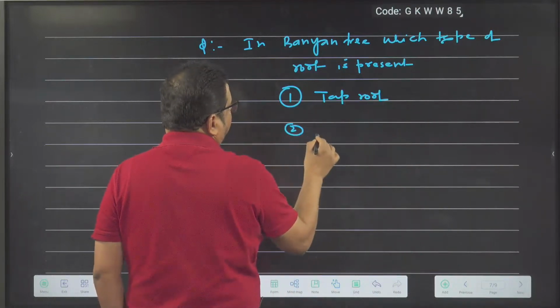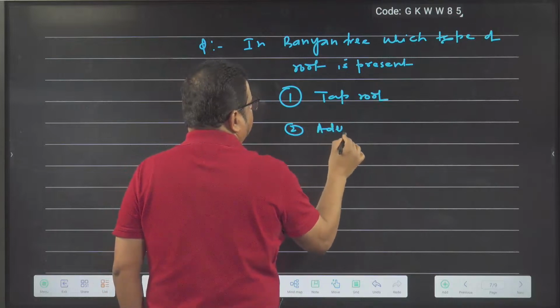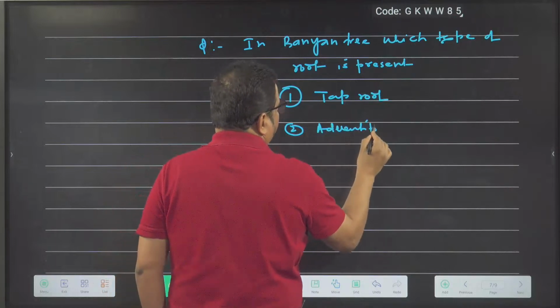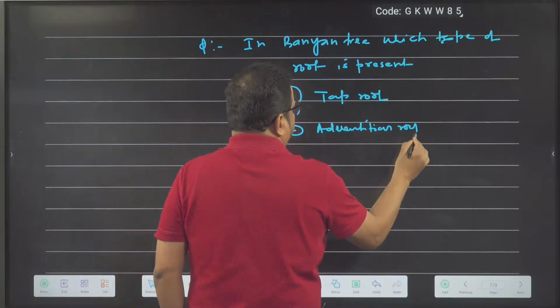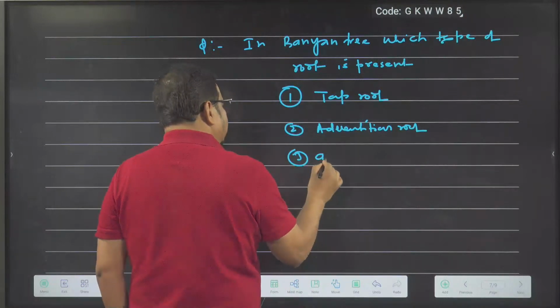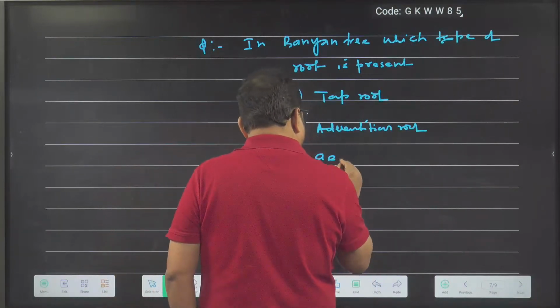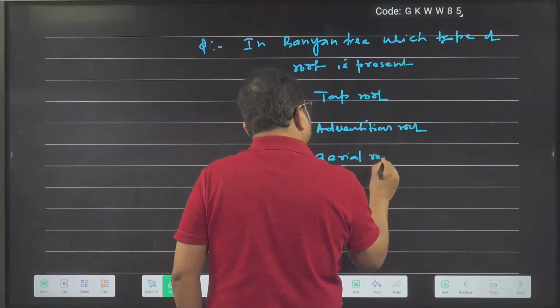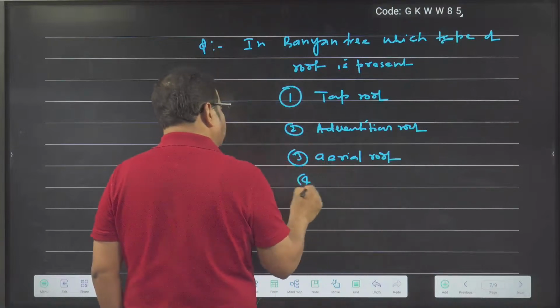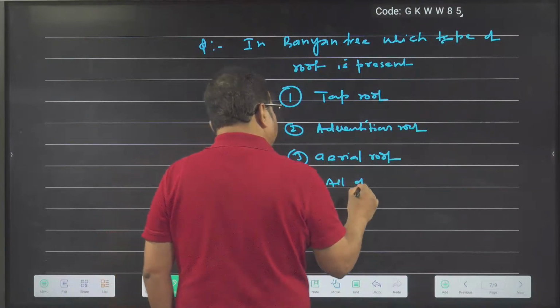Second, adventitious root. Third, aerial root. Fourth, all of these. What answer will you give?